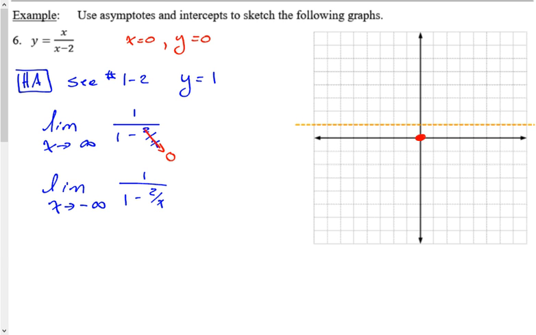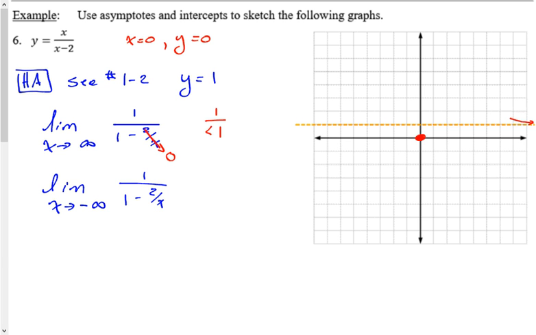If the numerator is 1, denominator is less than 1, is my fraction bigger or smaller than 1? So I have 1 on top and something slightly less than 1 on the bottom. It's going to be bigger than 1, which means as I approach positive infinity, my graph is coming down from above because I'm slightly bigger than 1 as I am approaching infinity on the right side. That's giving me some information about the graph.